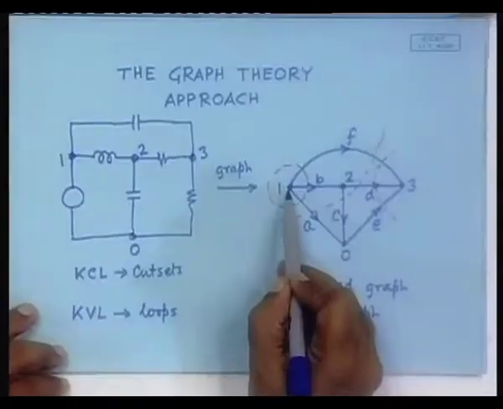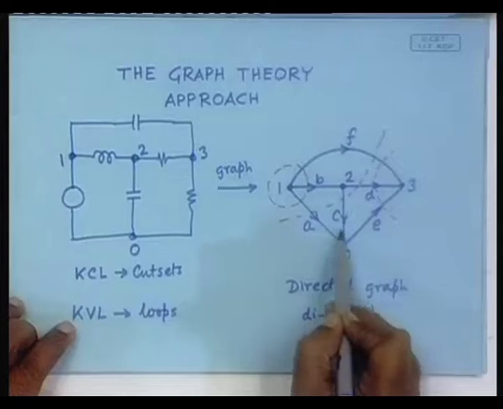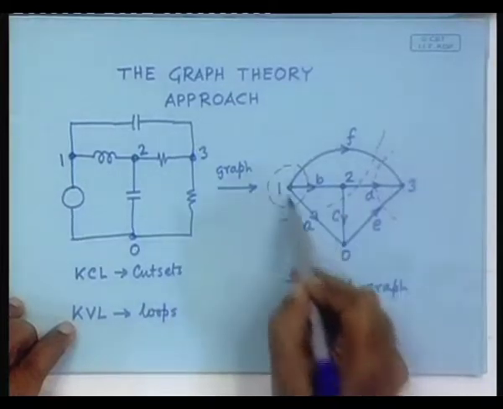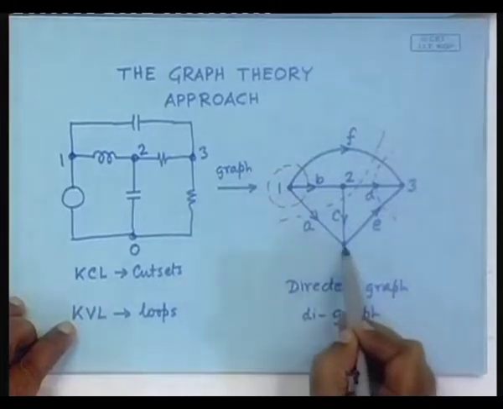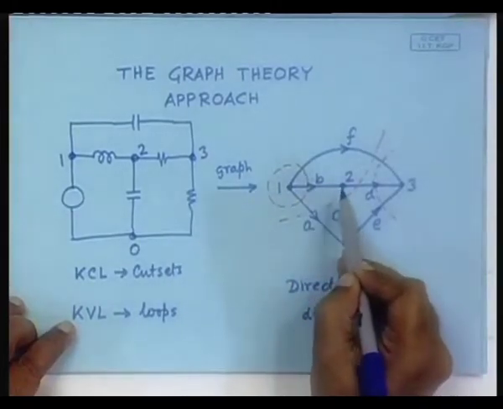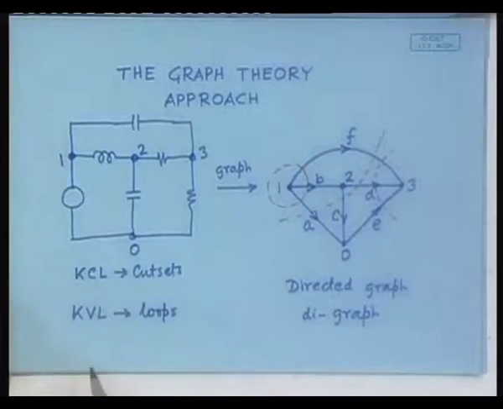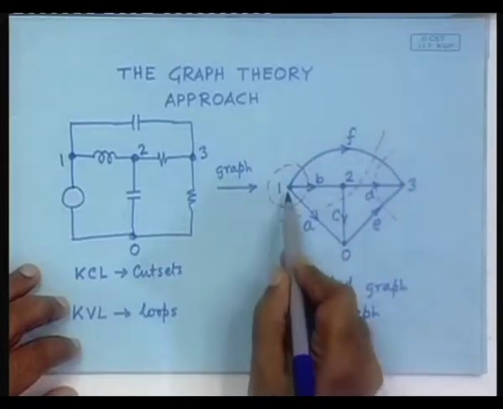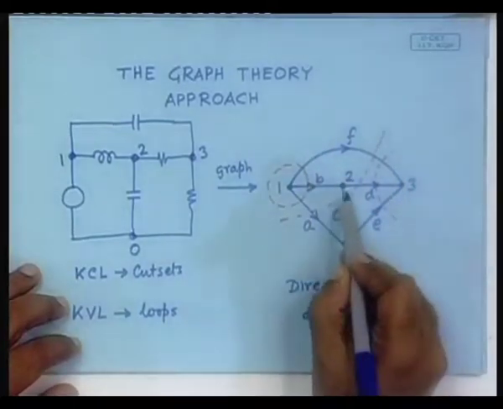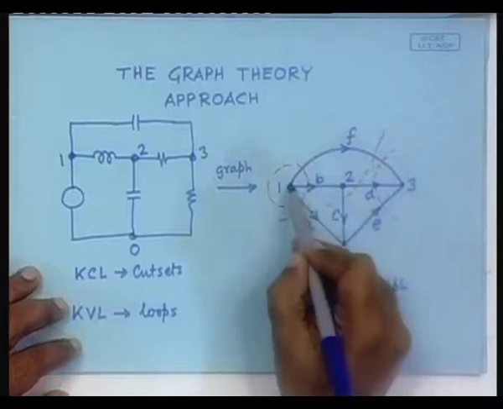For example, if I want to write the KVL equation in this loop 0, 1, 2, I start from here, VA minus VC minus VB equal to 0. Okay. If I do it on this loop, this is also a loop, VA minus VC plus VD minus VF equal to 0.